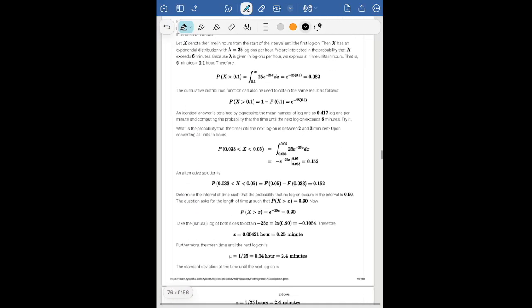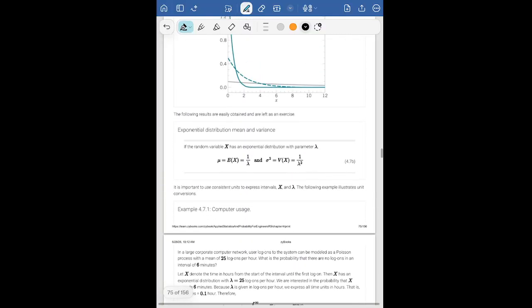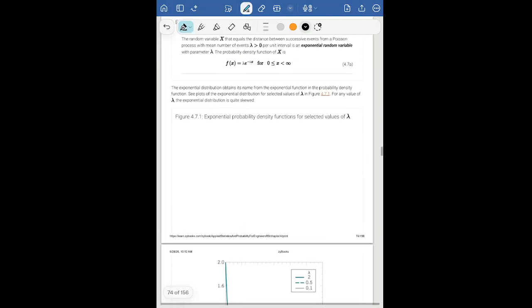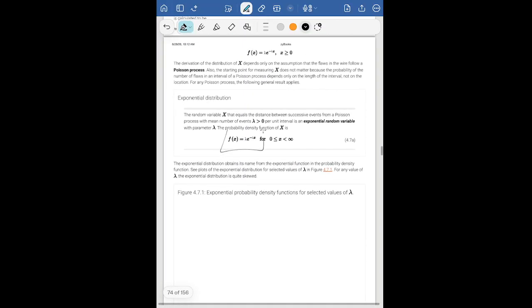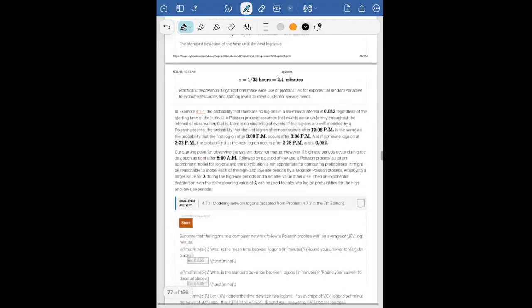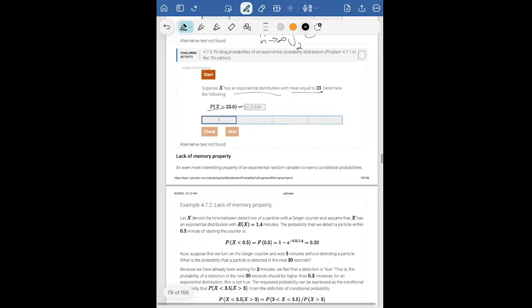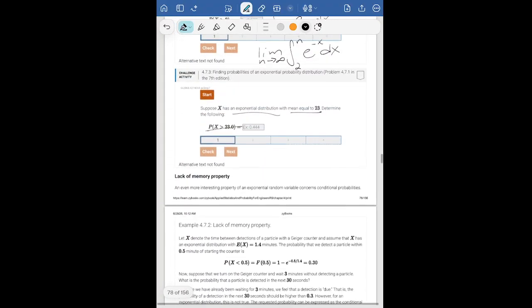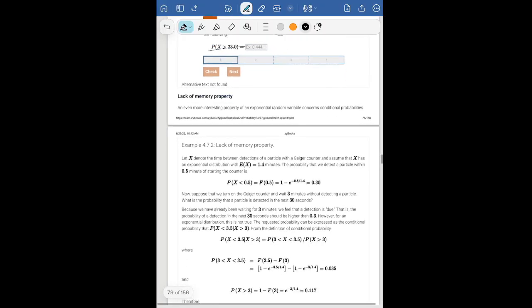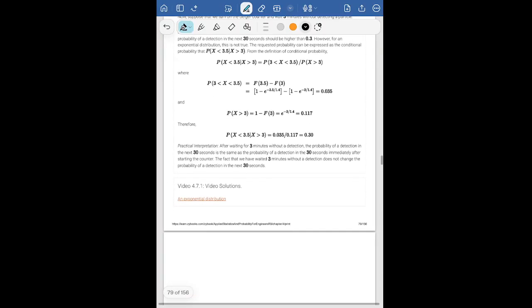And as long as they give you that parameter, then you can use the rules that we've been dealing with for exponentials to come up with our necessary probability distribution function. And there we can calculate the probability distributions, the values of the probability. Another example, more examples.